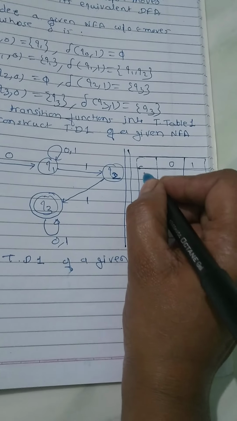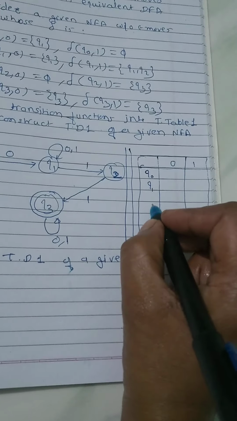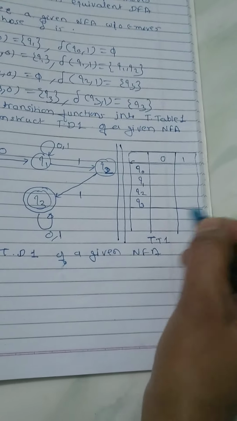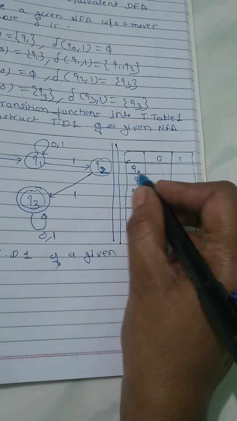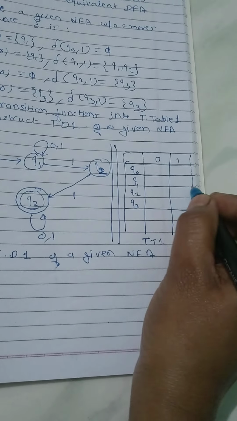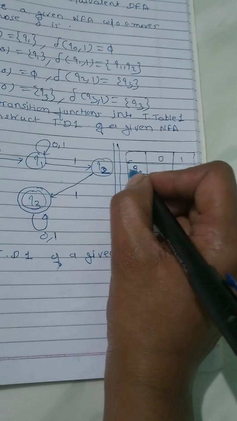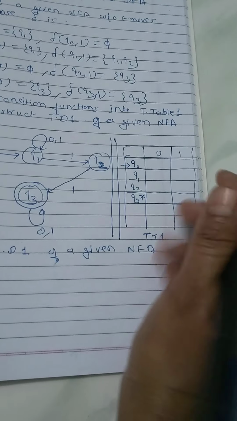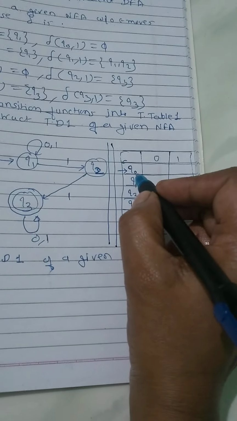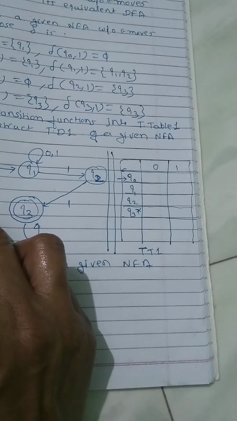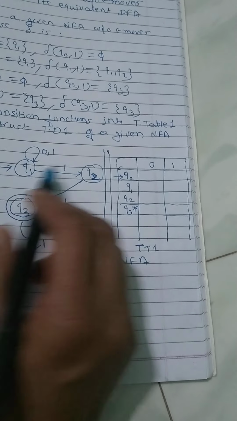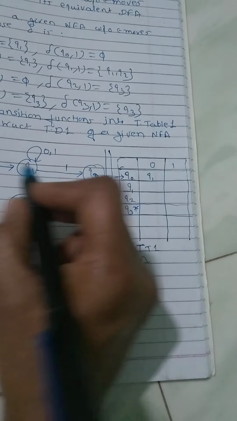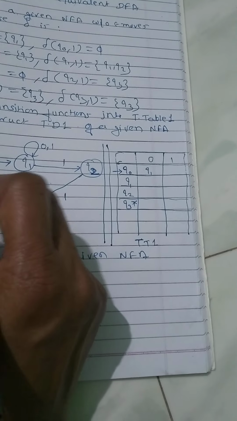Then the row headings are q0, q1, q2, and q3. You can draw it nicely, separated with space. Then the initial state is q0, the final state is q3. Now q0 on 0, the next state is q1, then q0 on 1 has no transition.